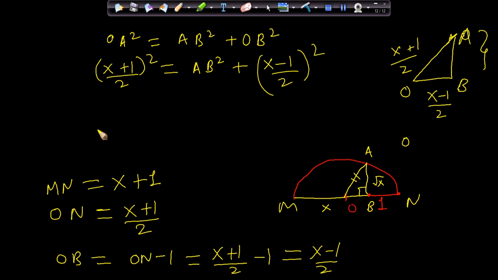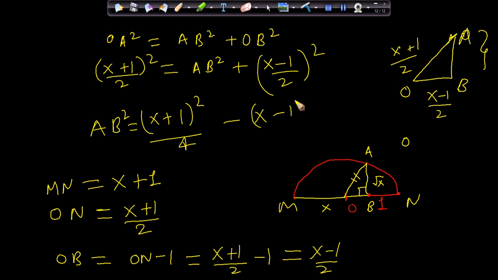So AB square is (x plus 1) square by 4 minus (x minus 1) square by 4, right? We can take the denominator common, so (x plus 1) whole square minus (x minus 1) whole square, by 4.